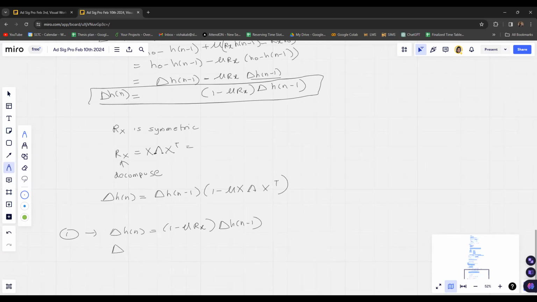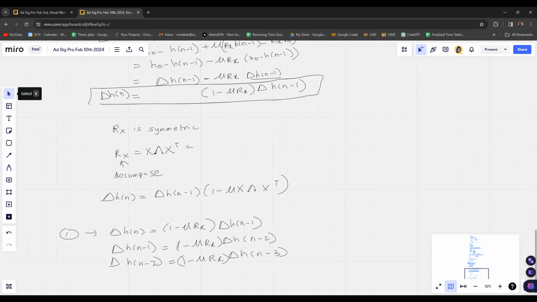Similarly, we can write for delta Hn minus 1 something like 1 minus mu Rx into delta Hn minus 2, and likewise for the others. I can do the same thing using the same relationship. This will go on until I reach the point where delta H 0 is reached.